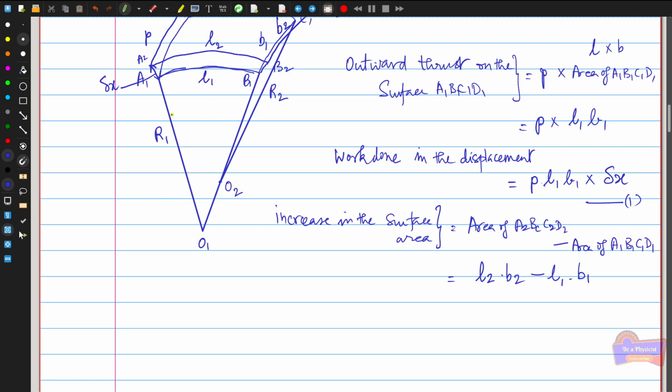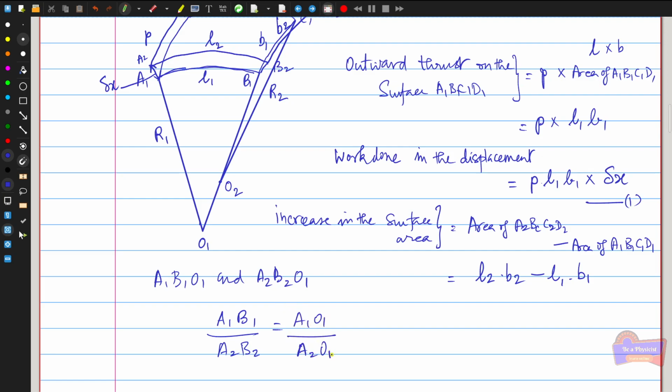Suppose you consider the two similar triangles, that means A1, B1, O1 and A2, B2, O1. This is actually the same triangle but with a smaller displacement, so I can write A1B1 divided by A2B2 equal to A1O1 divided by A2O1.